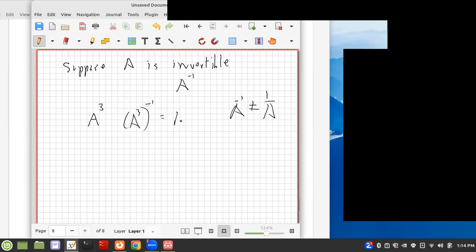Yes, it would be A to the -1 to the 3rd power. In other words, you could say this was A to the -3. But the point is, if you want to find the inverse of A cubed, you can just multiply the inverse together 3 times.